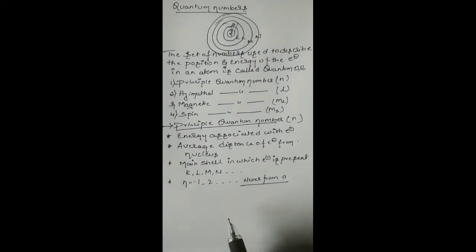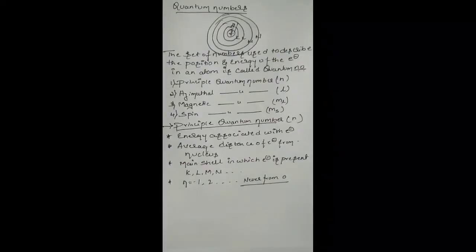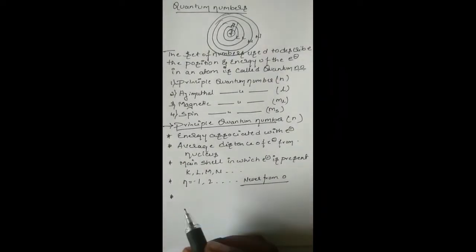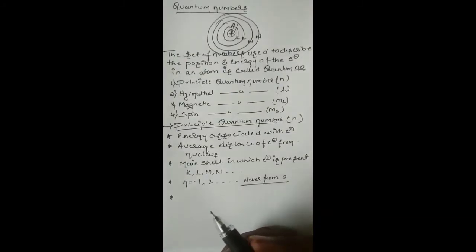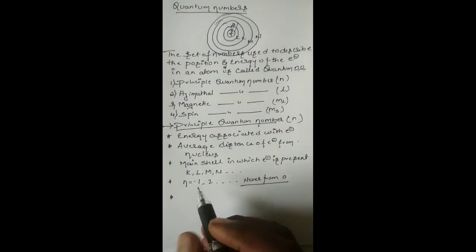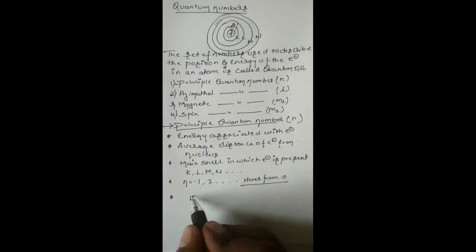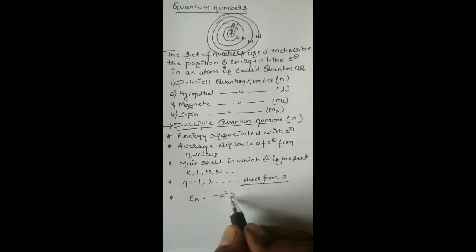When we talk about the energy of orbitals, there is a formula, which is very important. We already solved some problems in the previous video. That is the energy of the nth orbital: En is equal to minus k square 2 pi square m e to the power of 4 divided by n square h square.